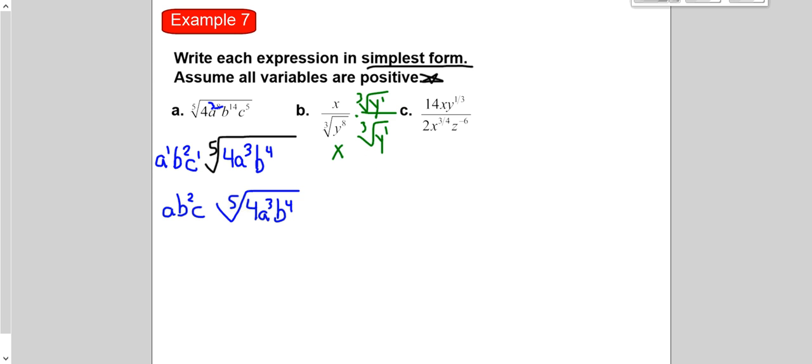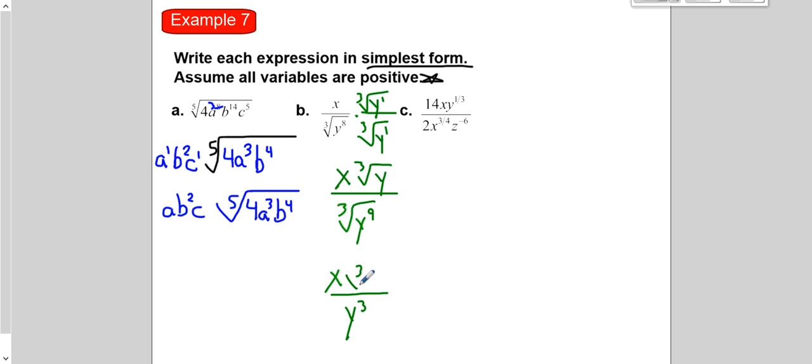So our problem now becomes x cube root of y over y cube root of y to the 9th. Well, the cube root of y to the 9th is just y cubed. So our new denominator is y cubed, but our numerator is x times.